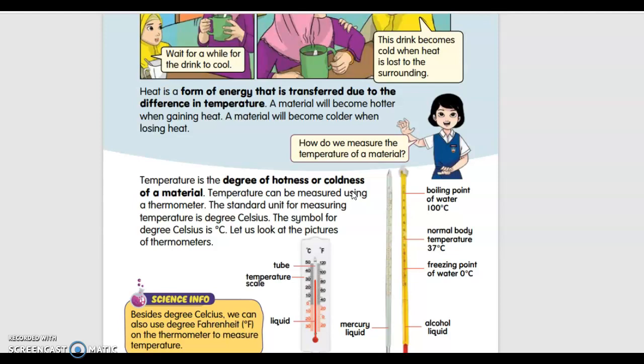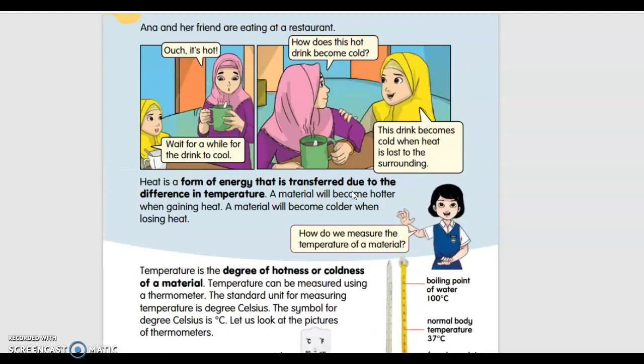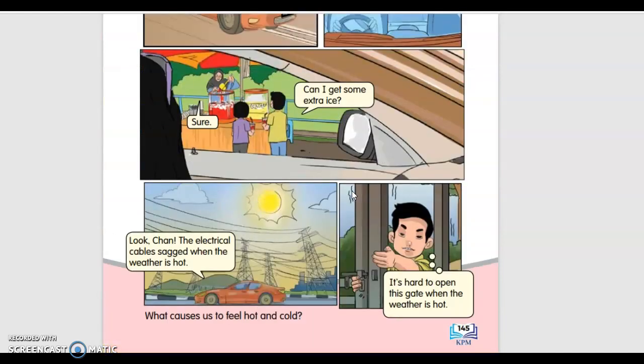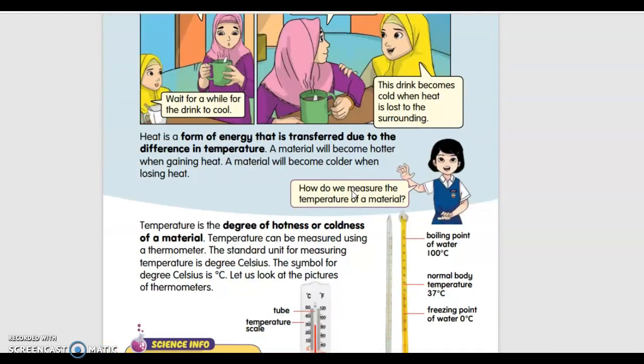Write notes about what you learned today about heat, and some of the notes from this page and this page. You just write a few words or few sentences, and then share with me using your email. So I will know what you understand through the task given, which is doing a Jamboard.